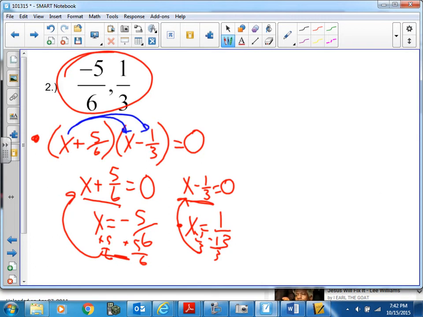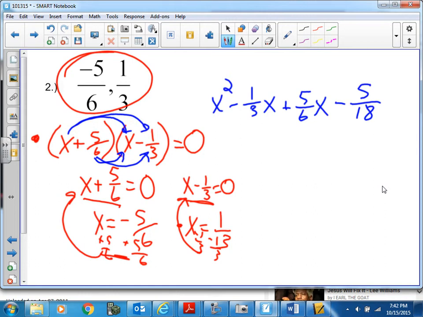So we're going to have x squared, and then minus 1/3 x, and then plus 5/6 x, and negative 1/3 times 5/6 would be negative 5/18. All right, and combine our like terms.